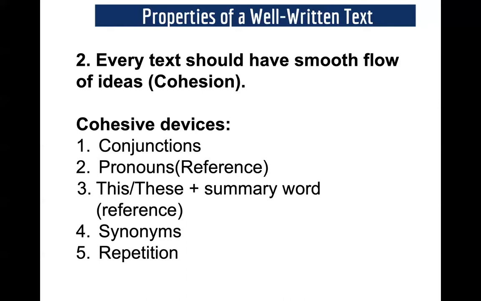We call this cohesion. Now, you have already arranged the details or information in your essay following an outline. So you have already thought about your thesis statement and the three main points that you will include in your essay. The next thing is you have already sequenced them.